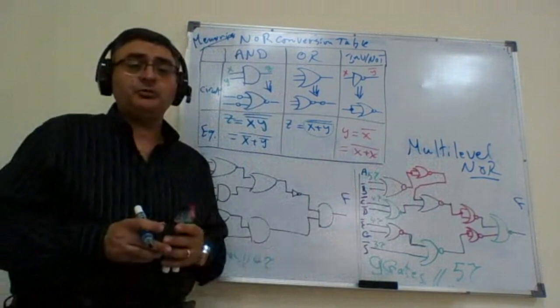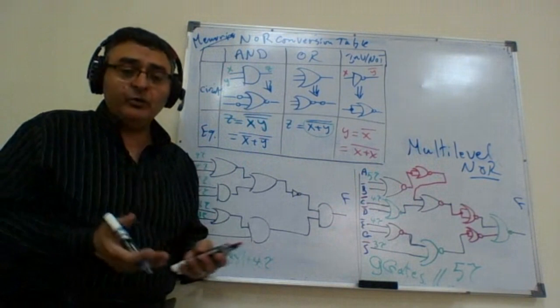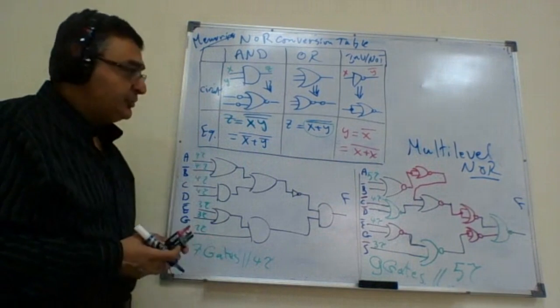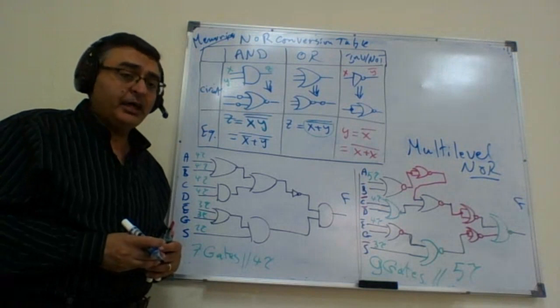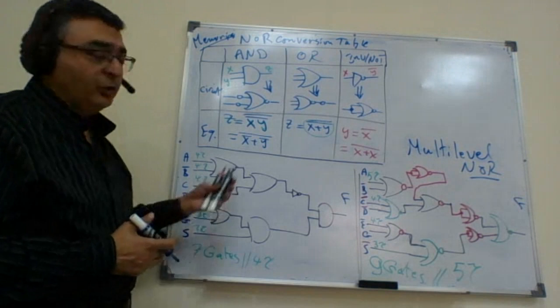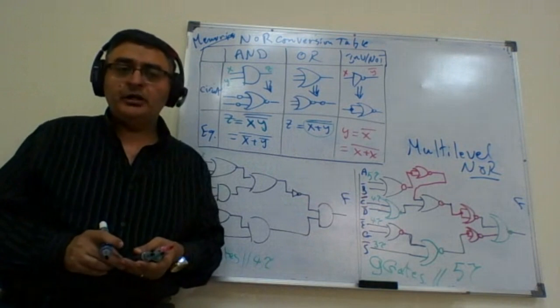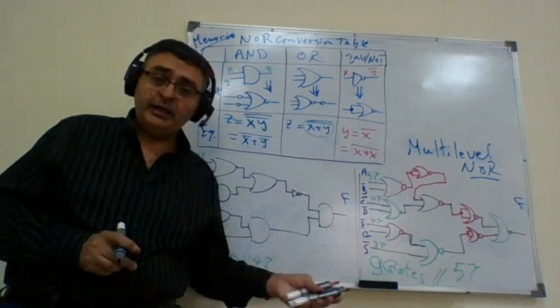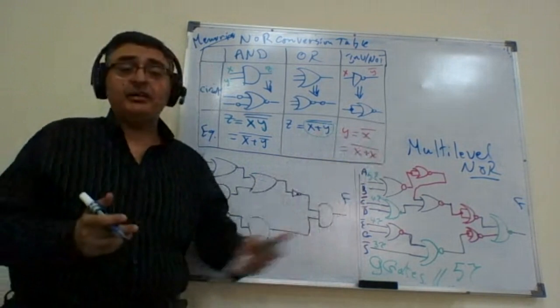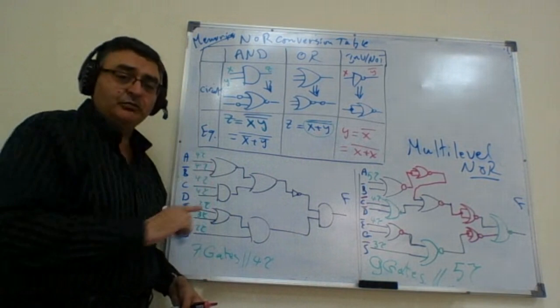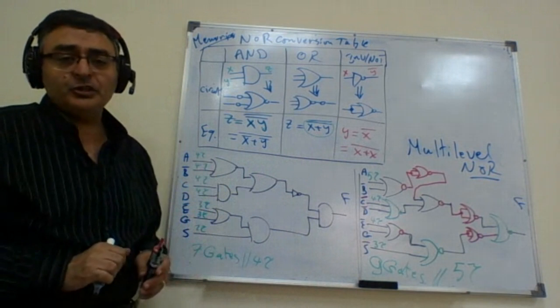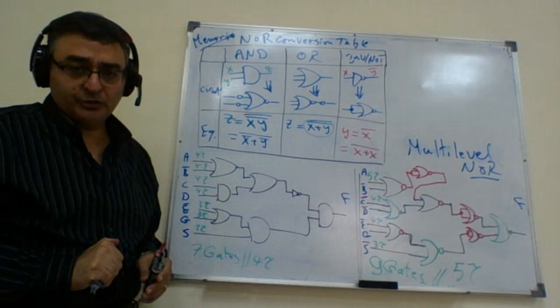Another way to do that is using the Boolean algebra. However, this technique is difficult. I may repeat all of the solution, achieving multi-level NAND and multi-level NOR using Boolean algebra instead of the drawing. But inshallah, in a separate lecture, I will show this.